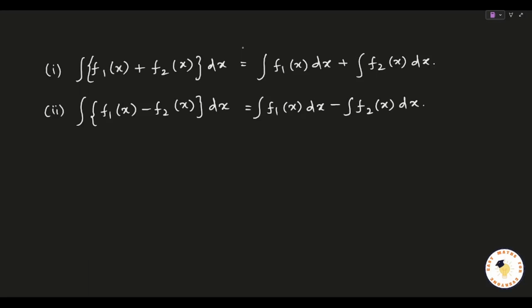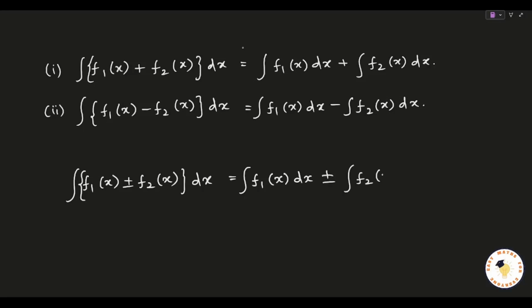These two parts can be combinedly written as integral of f1 of x plus or minus f2 of x dx equal to integral f1 of x dx plus or minus integral f2 of x dx.